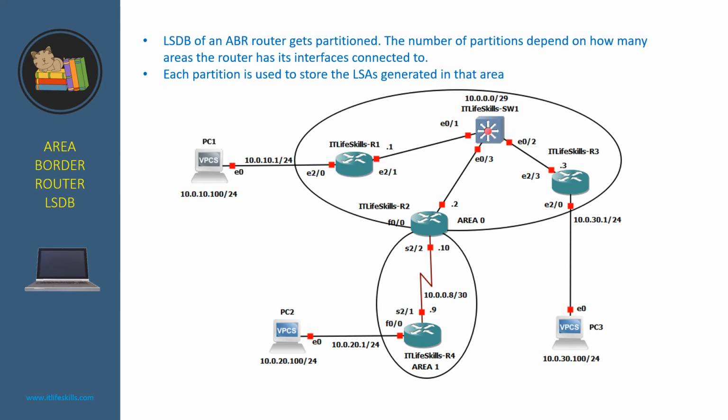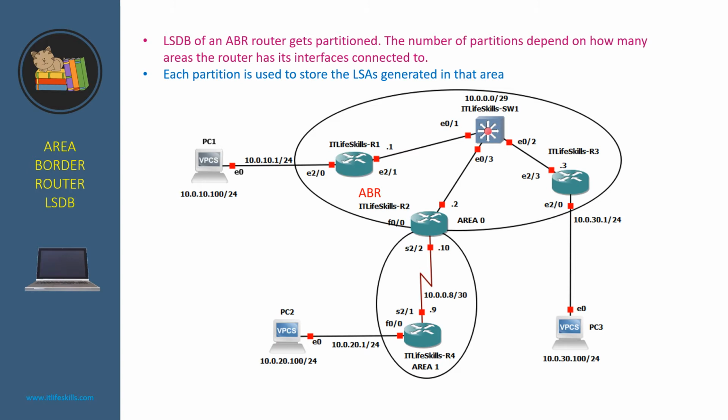Let's talk about the link state database of an area border router. In this network diagram, IT Life Skills Router 2 is an area border router because it has its interfaces connected to more than one area, area 0 and area 1. The link state database of an area border router gets partitioned.